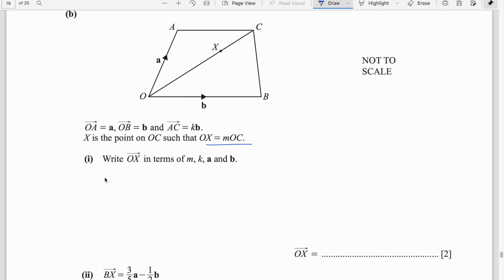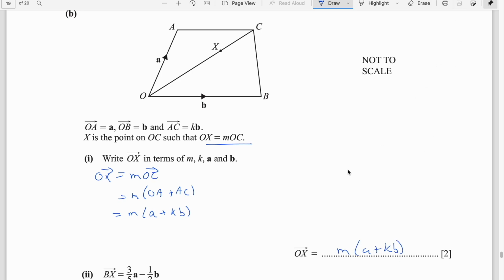Okay, OX. So basically OX is M times OC, already given. And we know that OC is OA plus AC. Now OA is A and AC is already given, that is KB. You can leave your answer in this form.